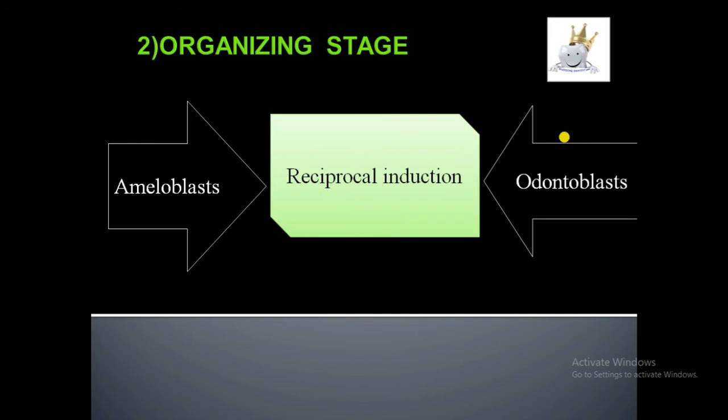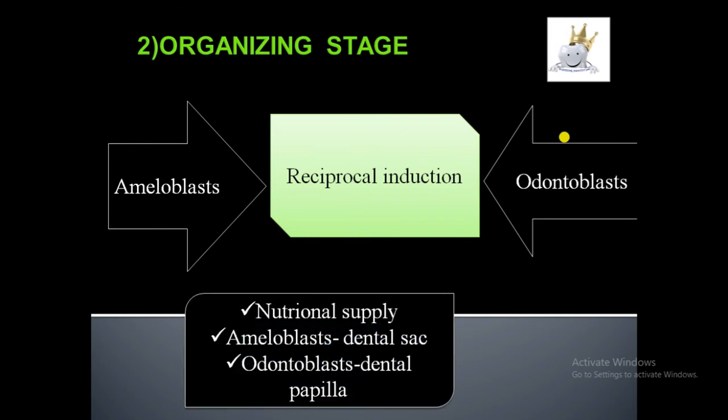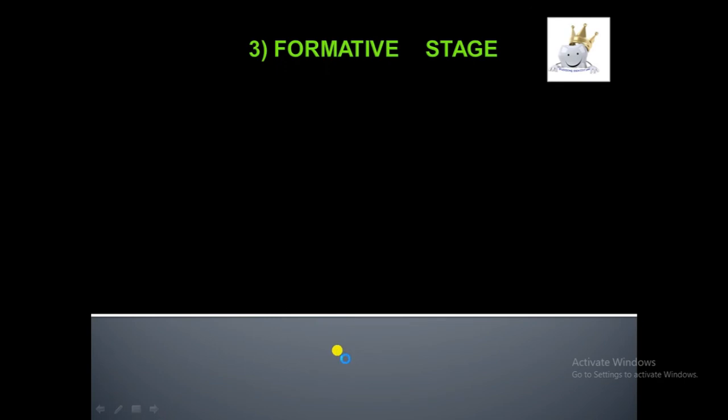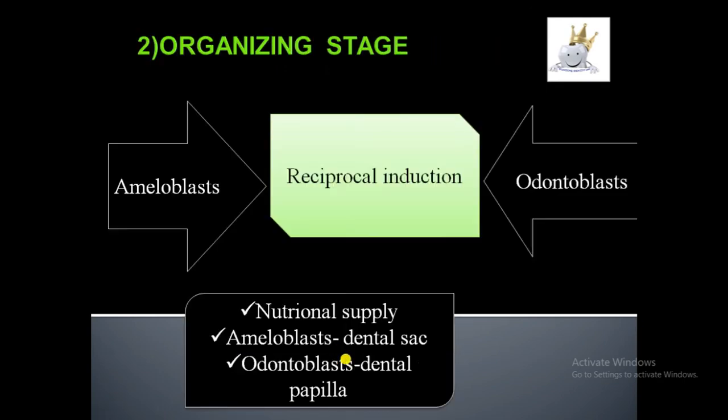When the dentin is formed, it cuts off nutrition supply to the ameloblast. The ameloblast receives nutrition supply from the connective tissue, that is the dental papilla, but when the dentin is formed, it blocks the nutrition supply from the dental papilla. So the ameloblast creates an alternate source of nutrition from the dental sac.